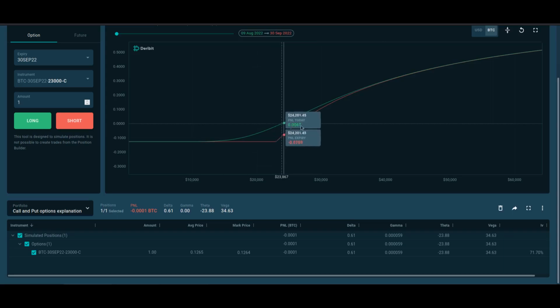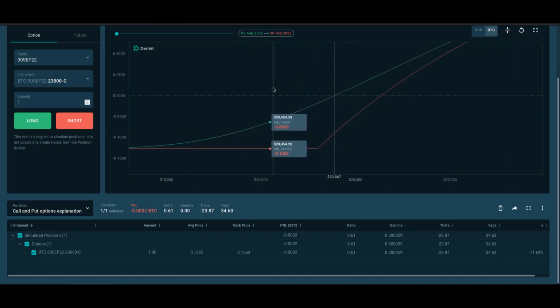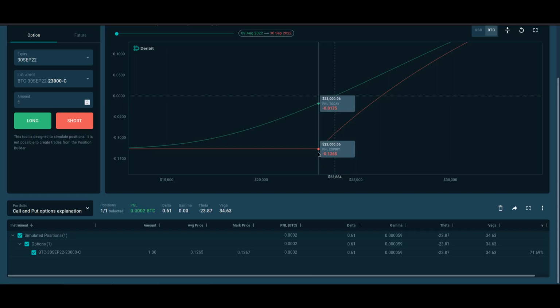We have the red line as the expiration date result. In case the price at expiration is at the current strike of 23,000, we get losses equal to the option cost.